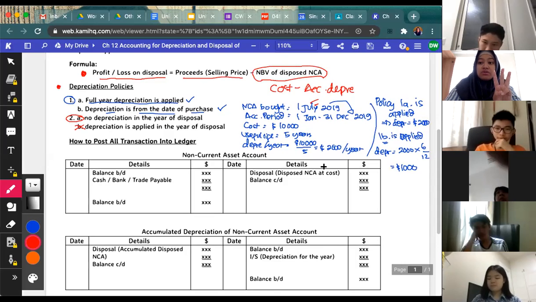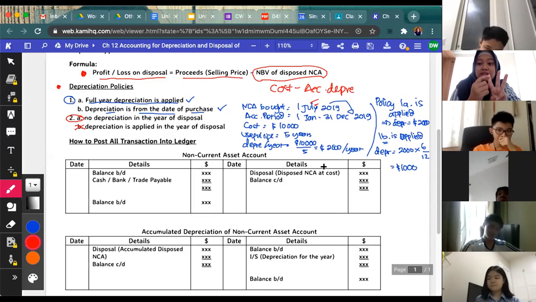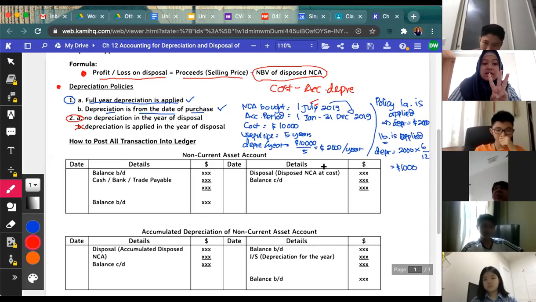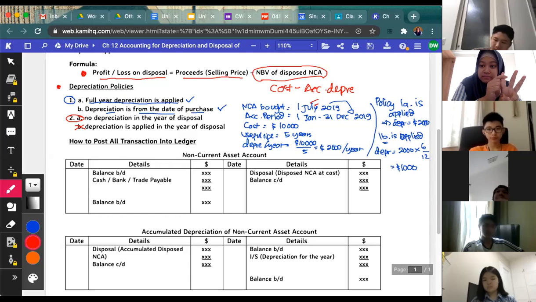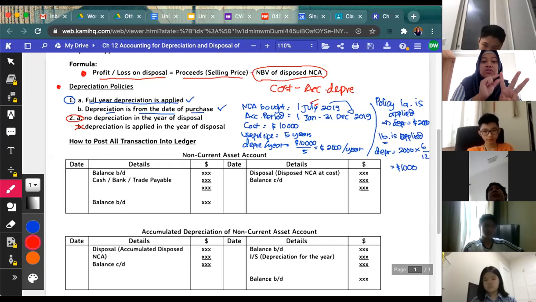Now, if we sold it in the 3rd year, it means we don't have to calculate depreciation in the 3rd year, because the policy said no depreciation in the year of disposal. If you are disposing it in the 3rd year, depreciation of the 3rd year is not calculated, even though in the 3rd year you already used it for, let's say, 6 months.